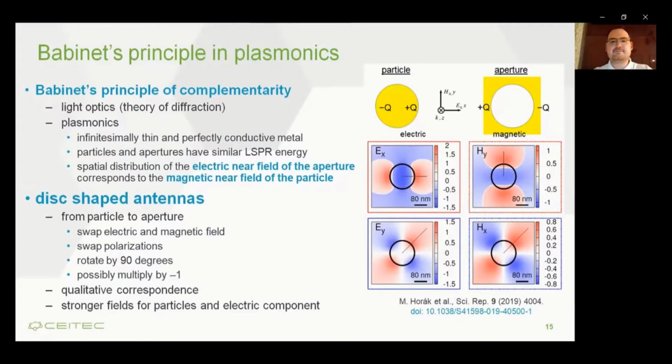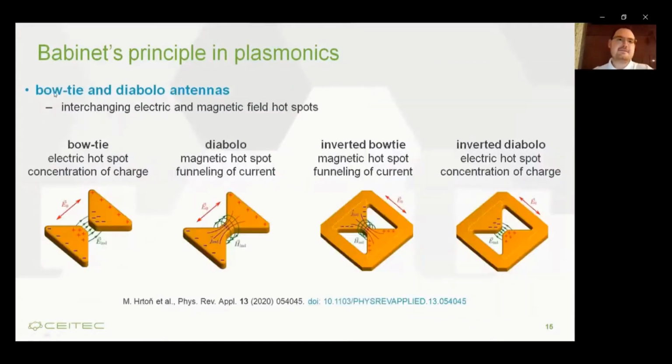Another very useful thing with Babinet's principle in plasmonics is interchanging electric and magnetic field hotspots in the case of bow-tie and diabolo antennas. The basic bow-tie has an electric hotspot. The basic diabolo has a magnetic field hotspot.